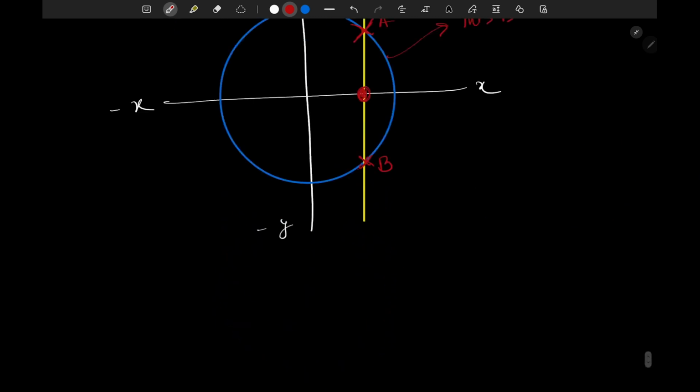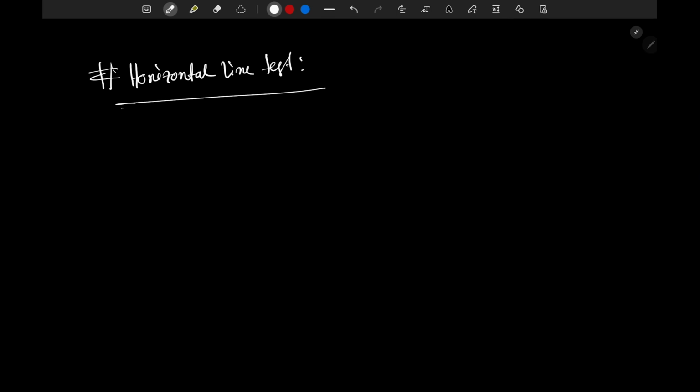Now, there is another thing called a horizontal line test. And horizontal line test is used to know whether your function is a one-to-one function or one-to-many function. So the idea is, again, something very similar.